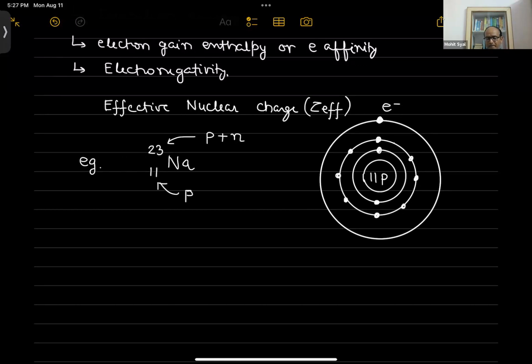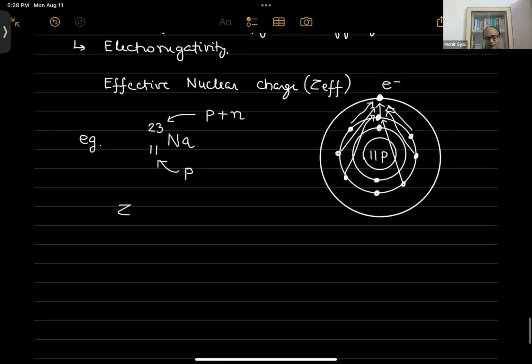These 11 protons are attracting, but there are 10 electrons in the middle, causing repulsion. So the net force felt by this outermost electron is known as Z effective.